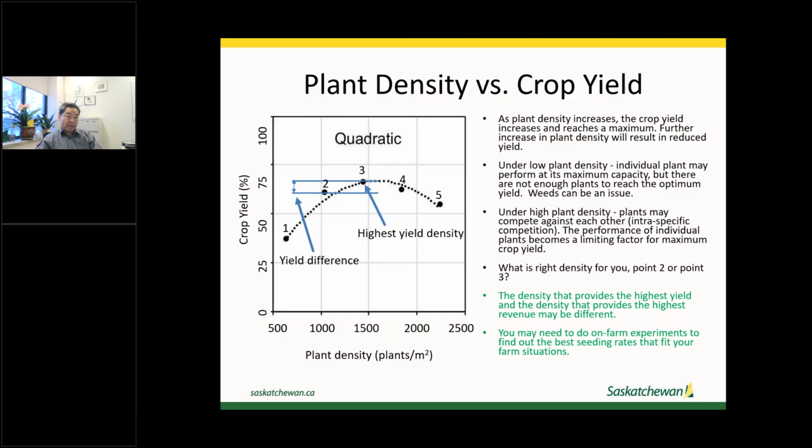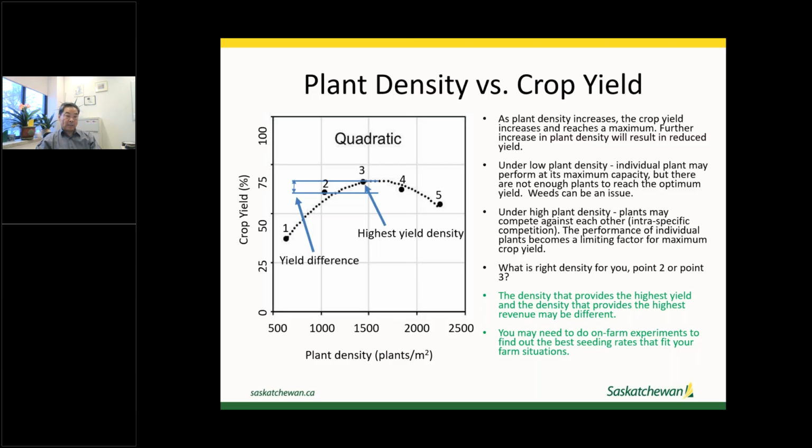If not, you may not choose to seed at the rate at point 3 because it costs a lot of seeds, or you may choose point 2, 1,000 plants per square meter, which didn't give you the highest yield but looks like it makes more economic sense.